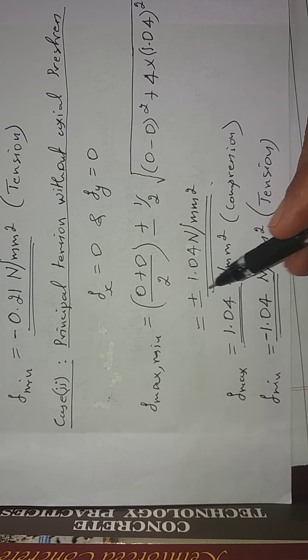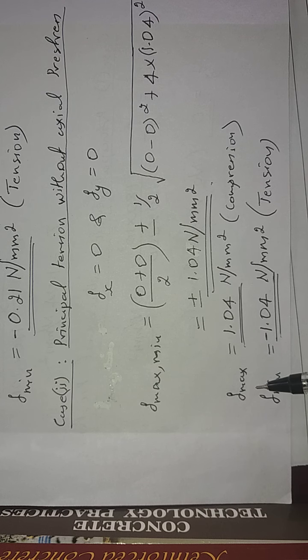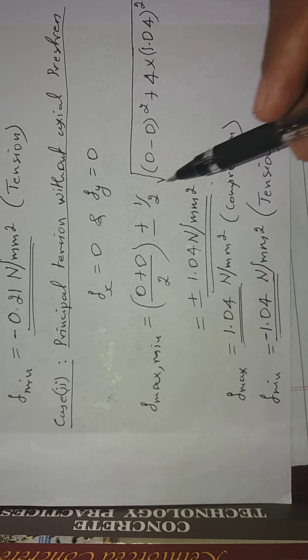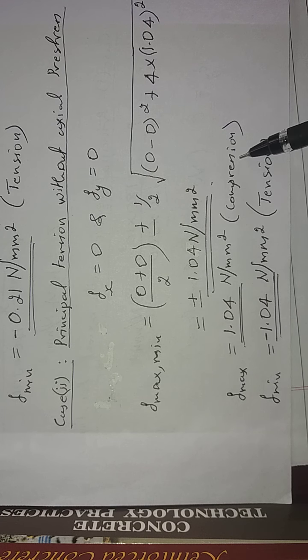So I will be splitting it as F maximum as positive 1.04 Newton per mm square if you use the positive sign, so it is compressive in nature, or you can say compression. F minimum is minus 1.04 Newton per mm square, so it is tension in nature.